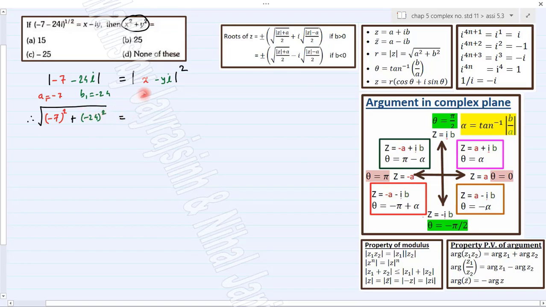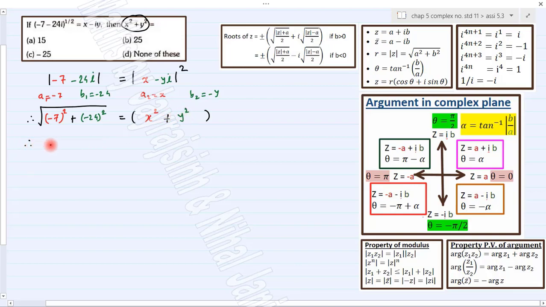And on the right hand side, the real part is x and imaginary part is minus y. So due to the square, we don't have to take root. We will get x square plus y square. So we can say x square plus y square is simply 25, which is given in option B. Ta-da!